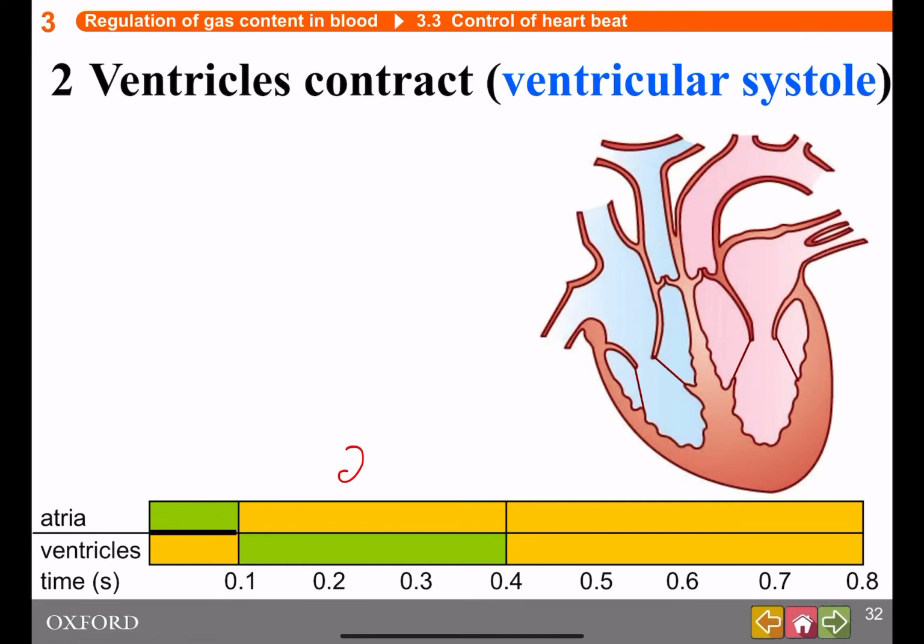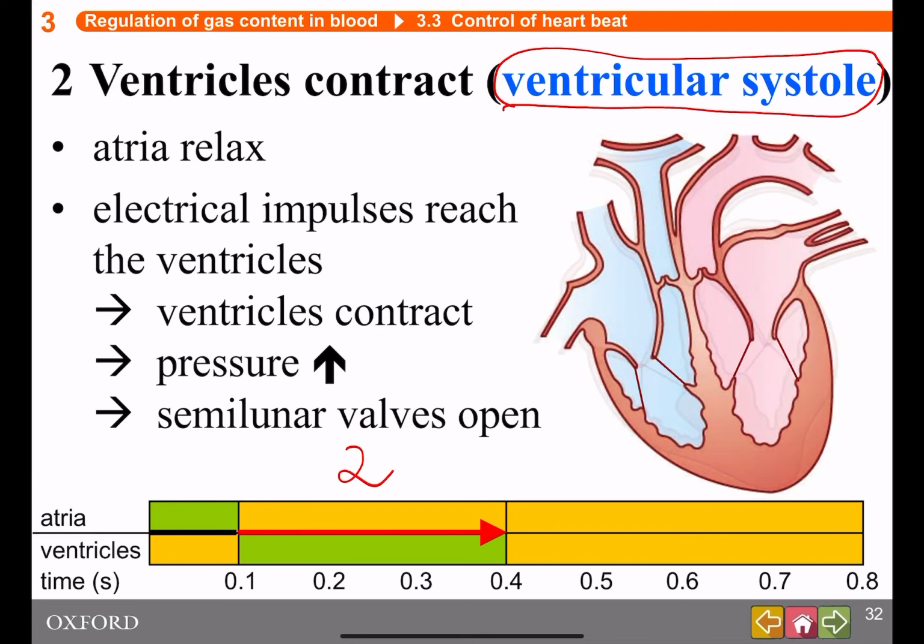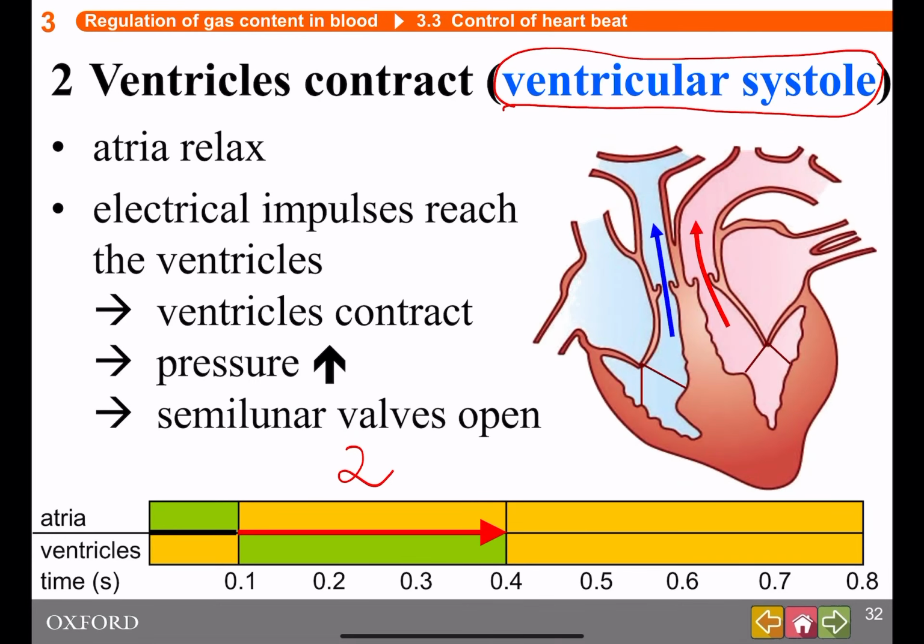Second stage. It is called the ventricular systole. Remember, systole refers to contraction. So in this stage, the main characteristic is the contraction of the ventricles. At this time, the atria relax, and the ventricles contract.